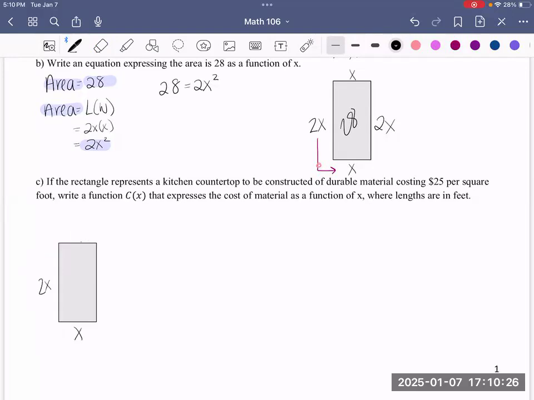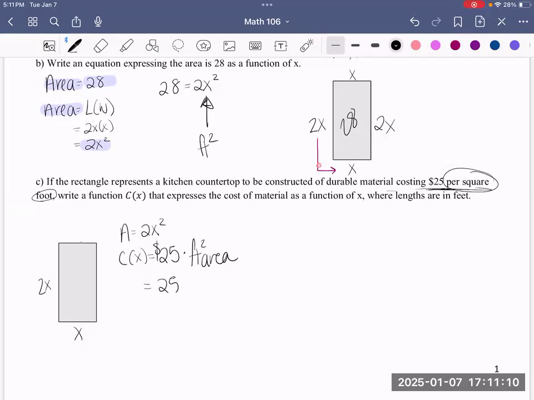So if we are still talking about the same rectangle, we know that the area is equal to 2x squared. We're now interested in the cost. It says write the cost function of the material of x, where the lengths are in feet. The rectangular kitchen countertop is durable, costing $25 per square foot. So we're really multiplying the $25 times the square footage, the area.